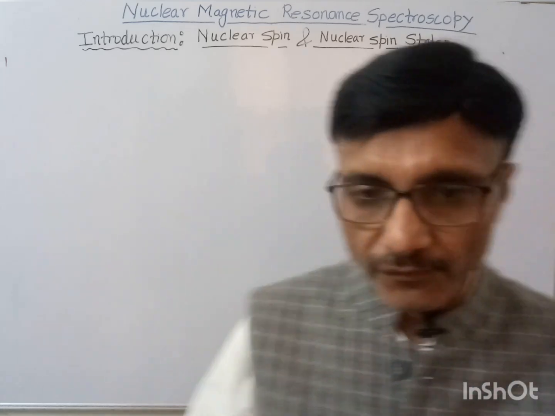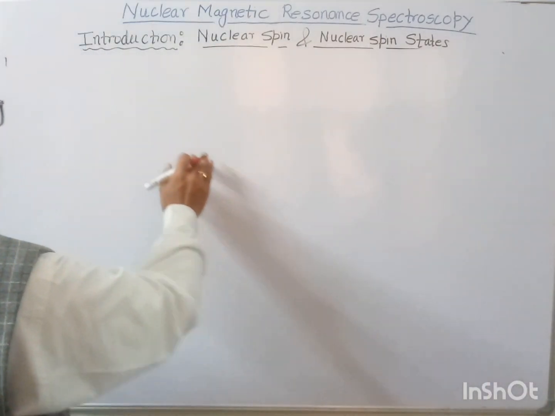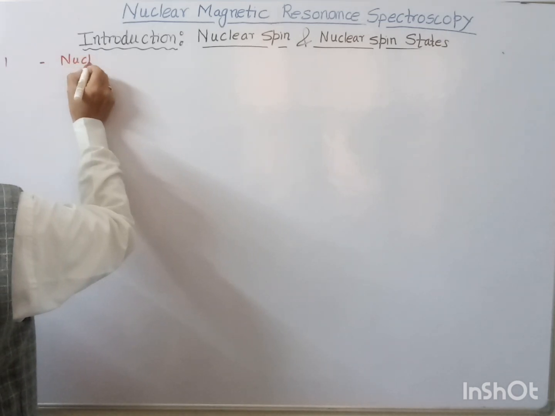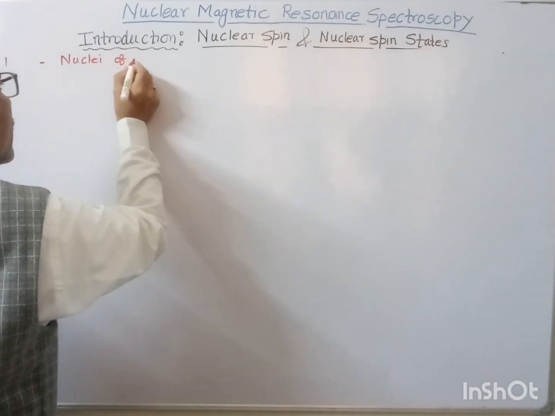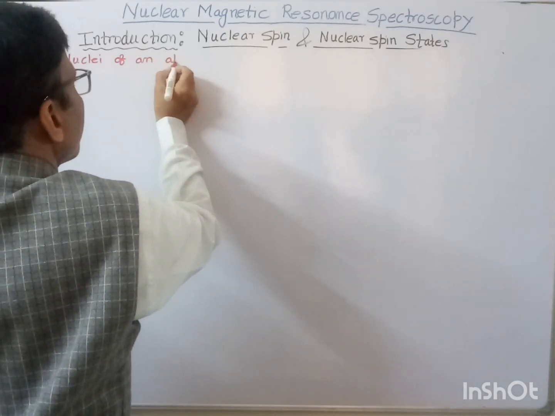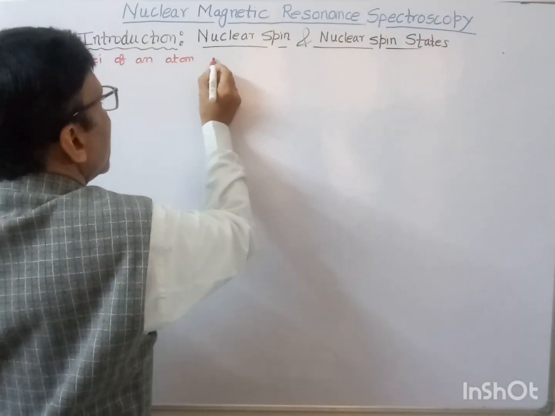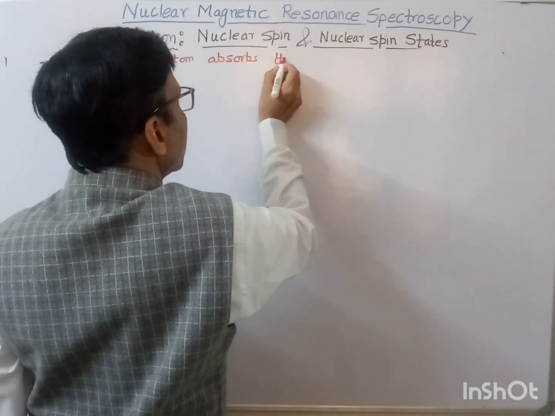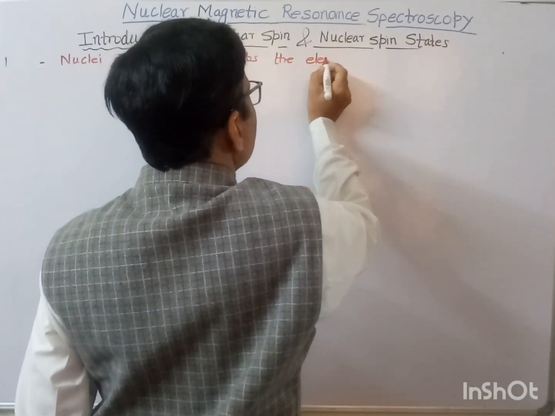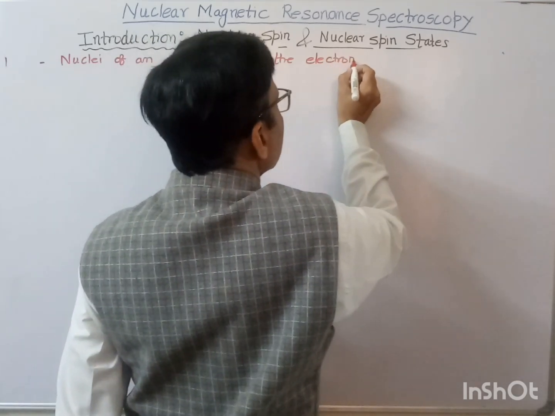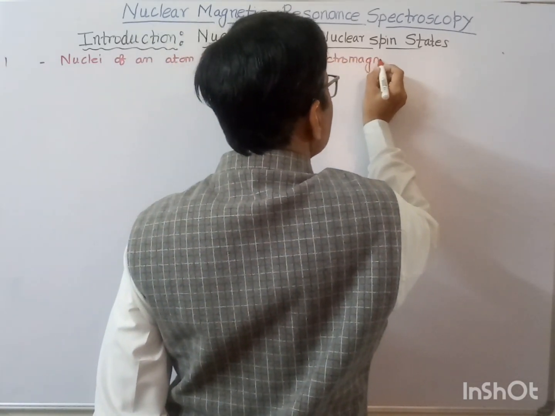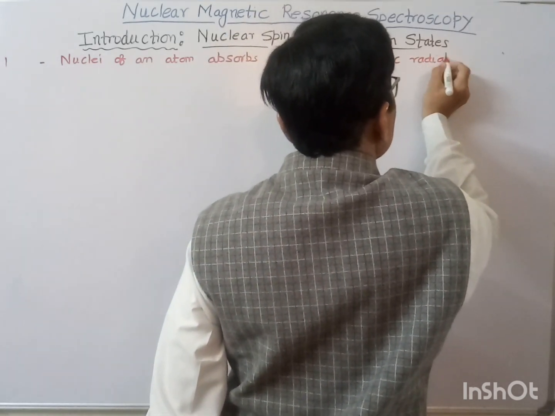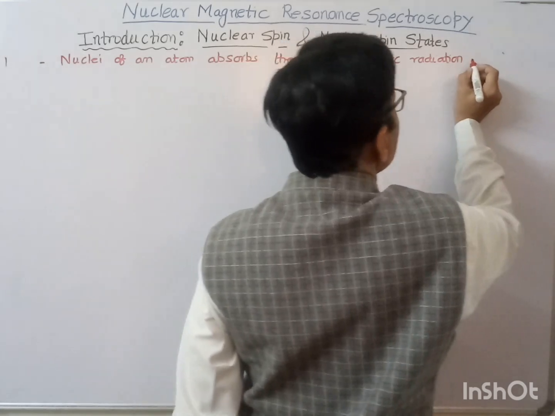So in one line, you may understand that the nuclei of an atom absorb electromagnetic radiation. Which type of electromagnetic radiation?